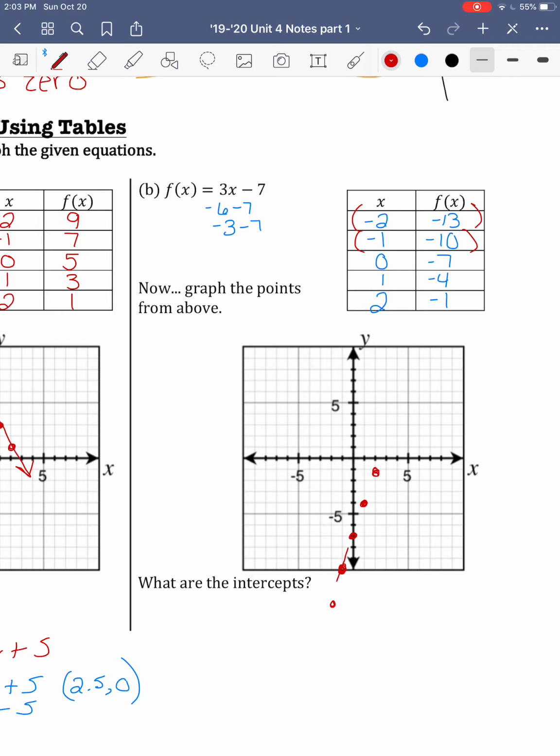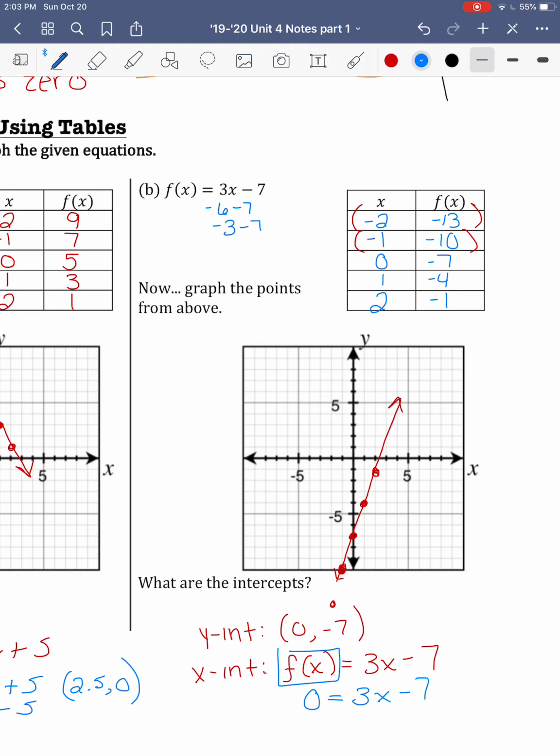Okay. So again, I have my straight line, and I can identify my y-intercept very clearly. That's at the point 0, -7. Unfortunately, my x-intercept is a little bit more complicated. So I'm going to take f of x equals 3x minus 7, and replace the f of x with 0.